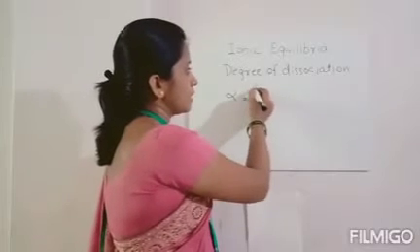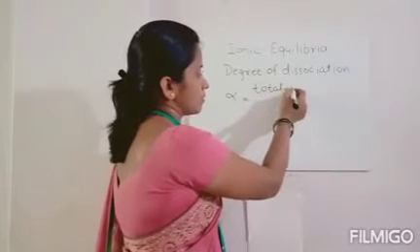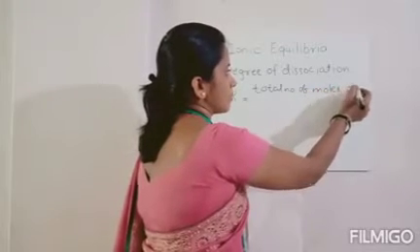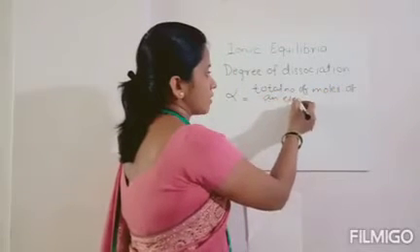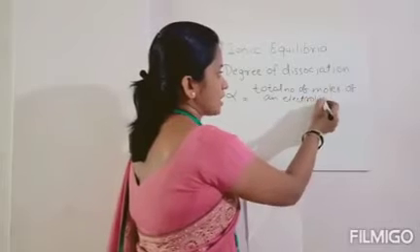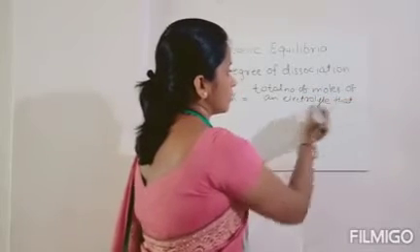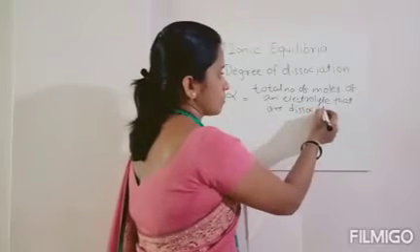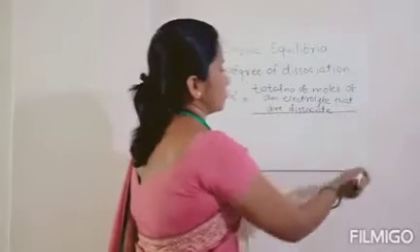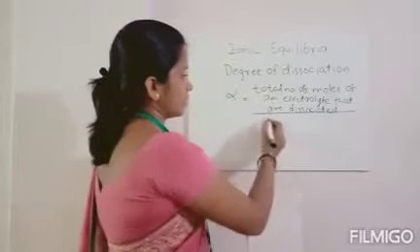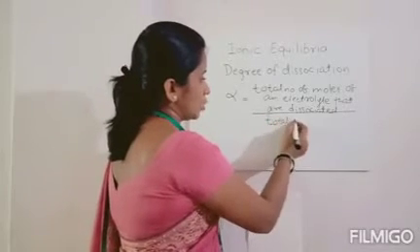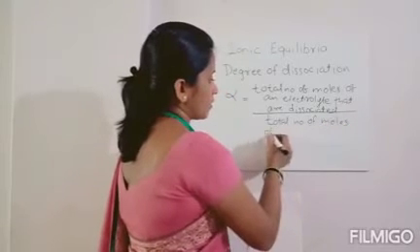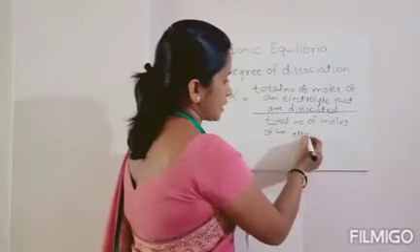So formula will be total number of moles of an electrolyte that are dissociated divided by total number of moles of an electrolyte.